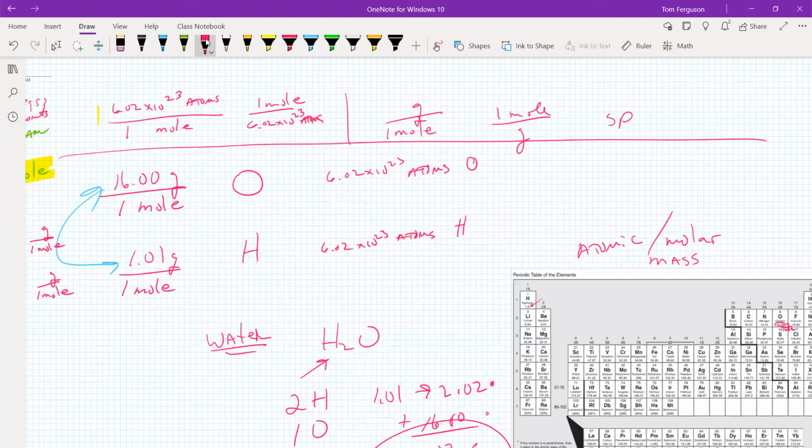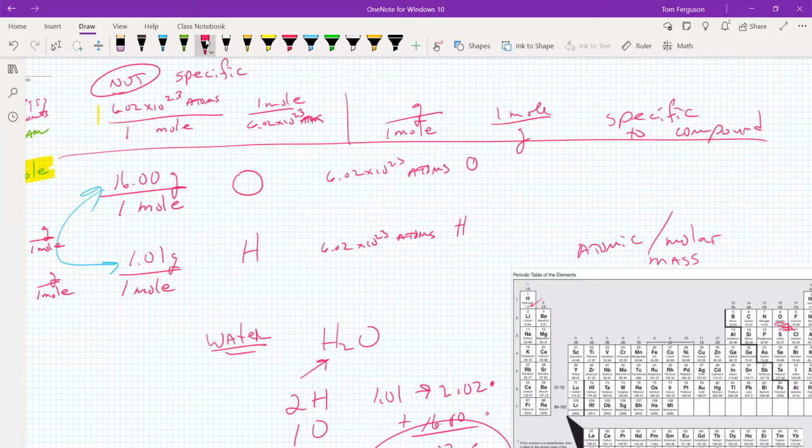And this is specific to compound. So oxygen gas, O2, is different than water, H2O. Still a conversion factor, grams to moles, moles to grams. This one is not specific, because it's just a counting number.